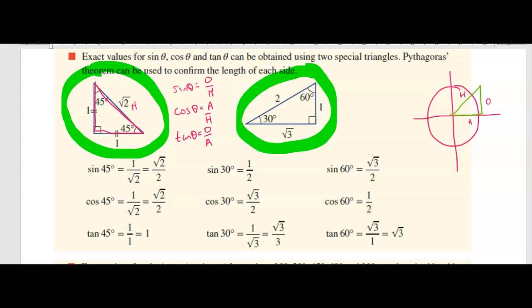Now we've got 1 here, which is the same as this height, which is 1. And the root 3 and 2 you can get from using your trig ratios. So they're your exact values for a triangle with 30 degrees and 60 degrees.